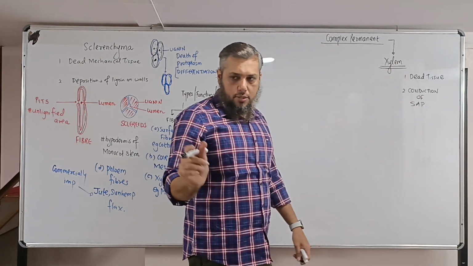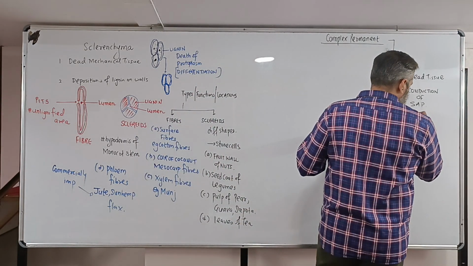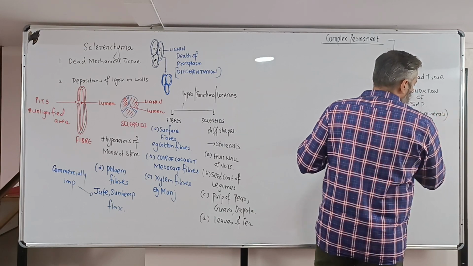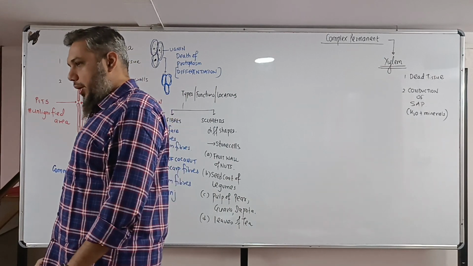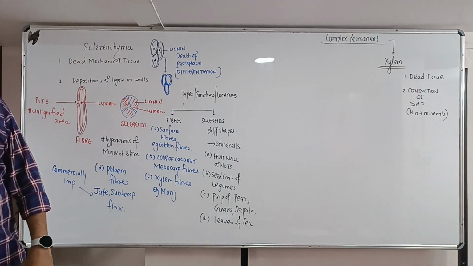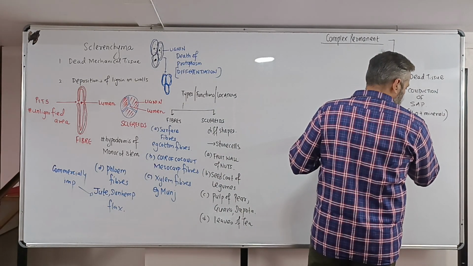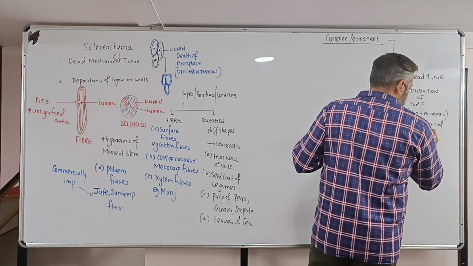What is the word I am using? Sap. S-A-P. And what does this sap mean? It is water plus what, kids? Minerals. Other than the conduction of water and minerals, the xylem can also help in giving what? Mechanical support.